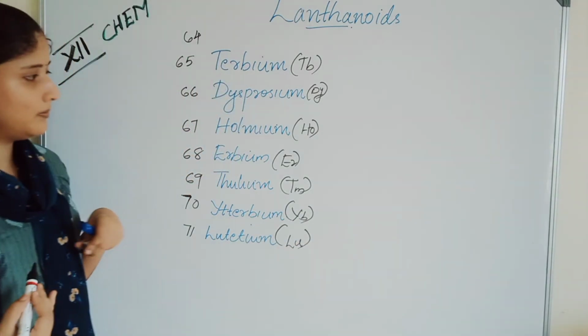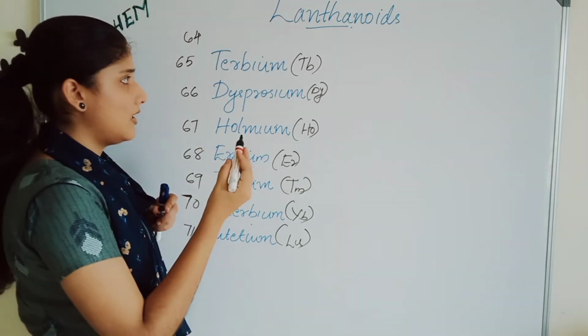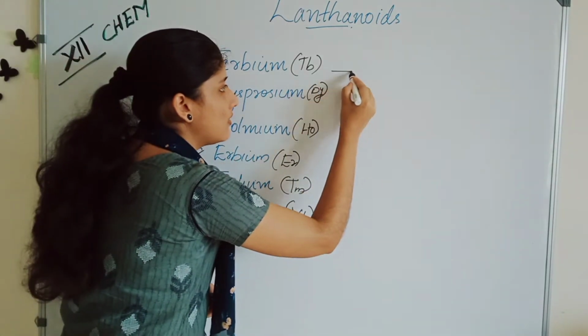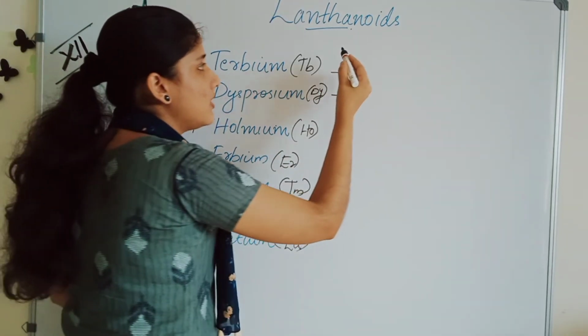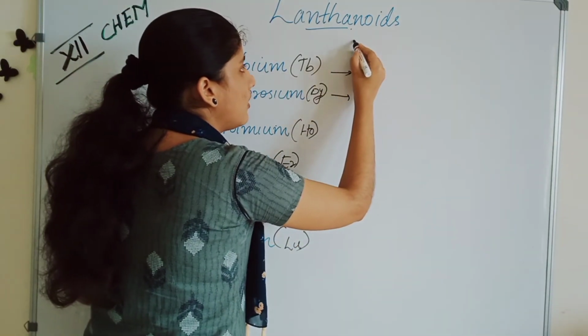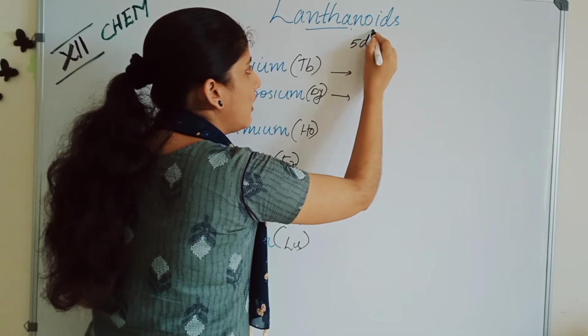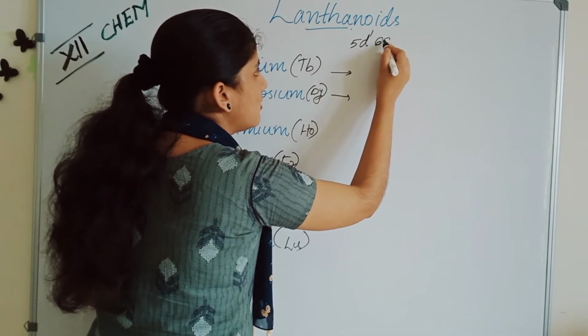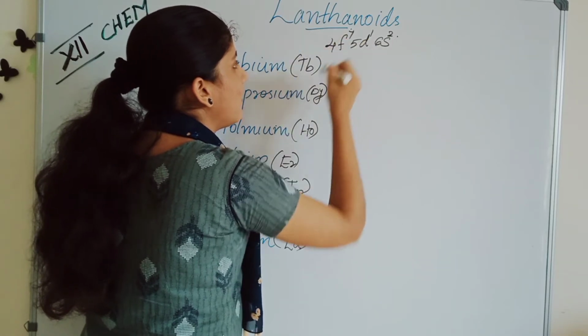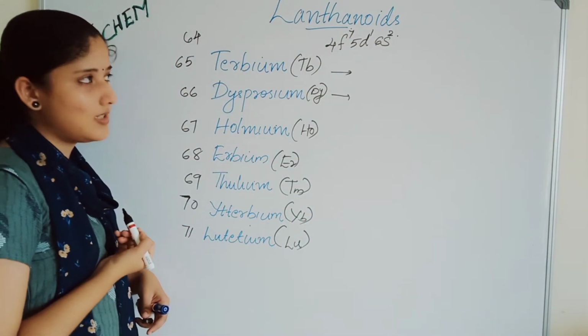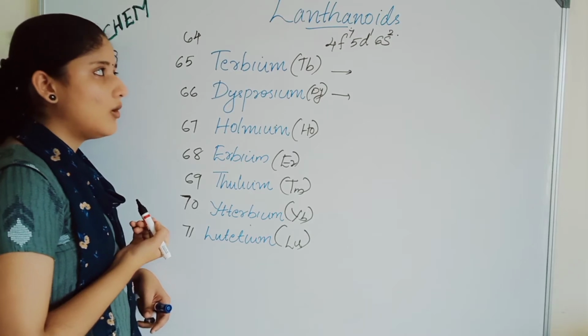Okay, these are the symbols. For gadolinium we studied the configuration: 4f7, 5d1, 6s2.